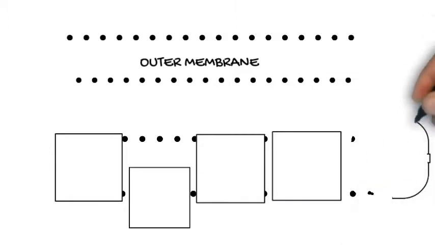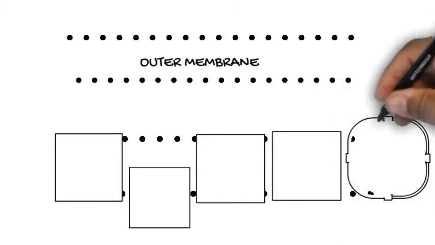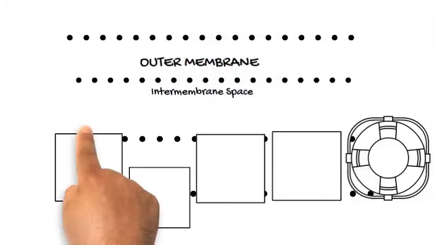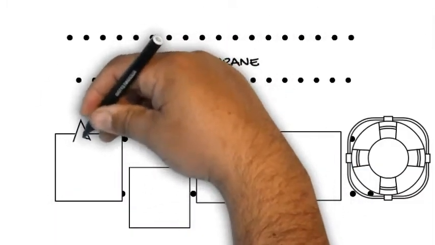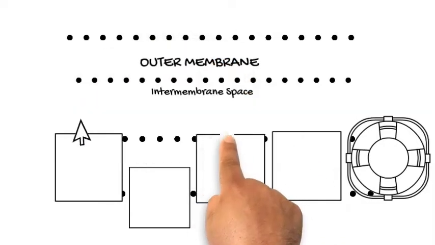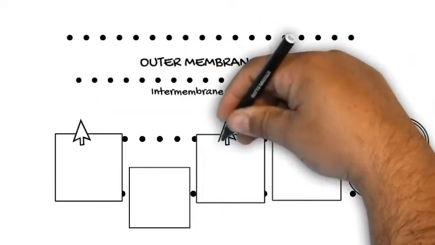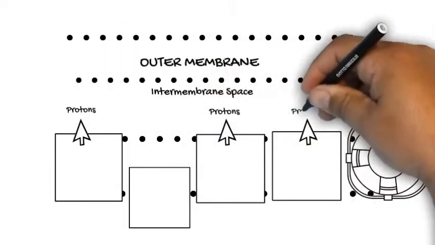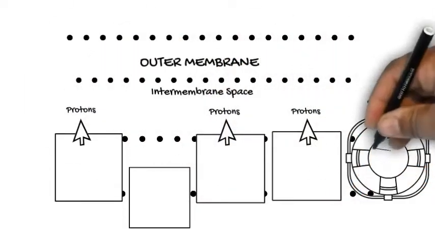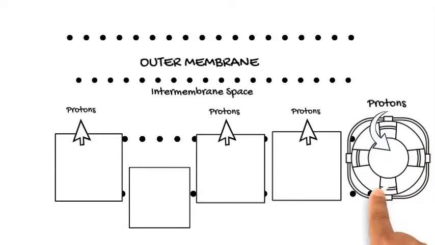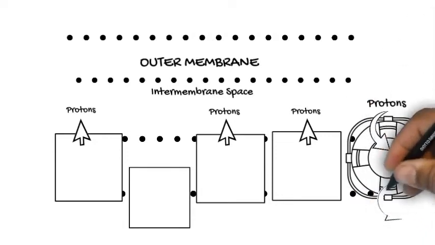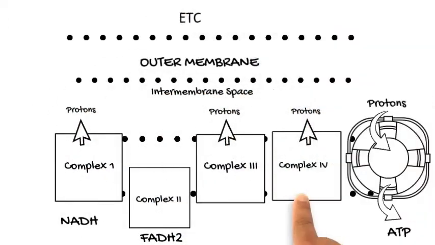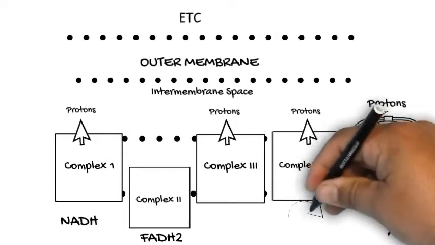And so complexes 1, 3, and 4 are responsible for the transfer of protons from the mitochondrial matrix into the intermembrane space. And so the intermembrane space becomes acidic, it's highly charged with protons. And these protons can only move back through complex 5, which is then coupled to phosphorylation of ADP to form ATP.